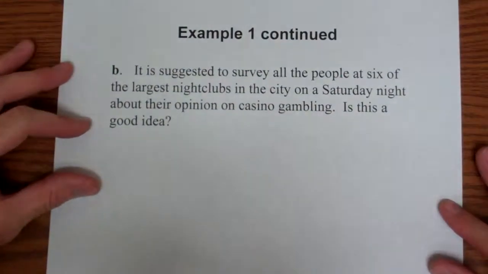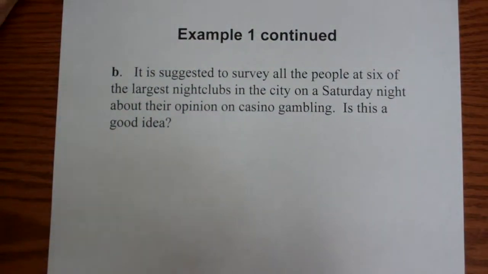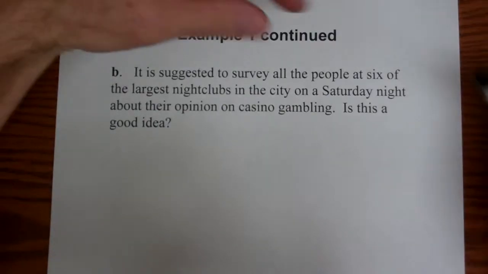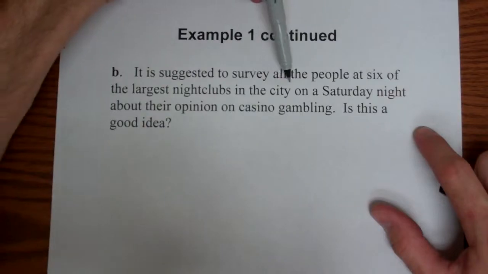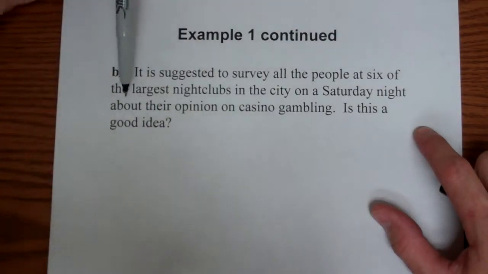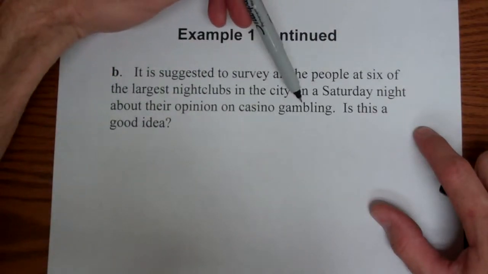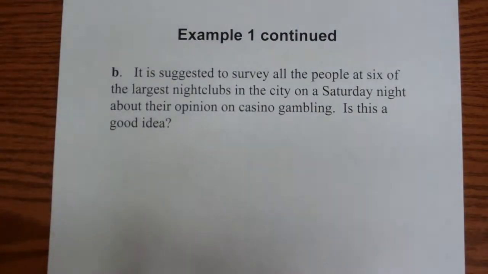So, it is suggested to survey all of the people at 6 of the largest nightclubs in the city on a Saturday night about their opinions on casino gambling. Is this a good idea? Okay, well, let's think about this, right?